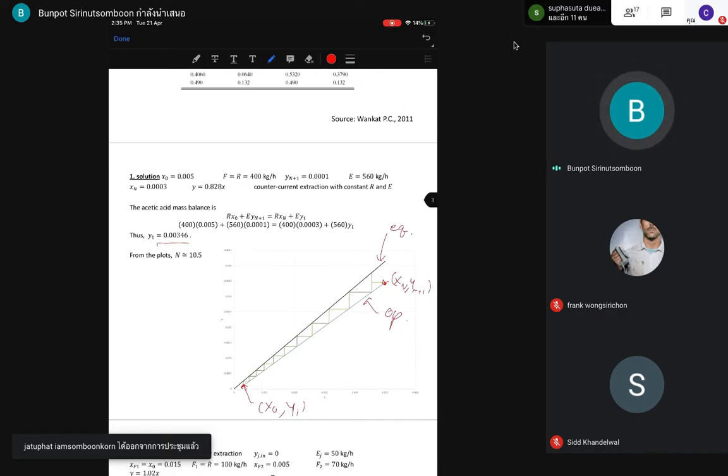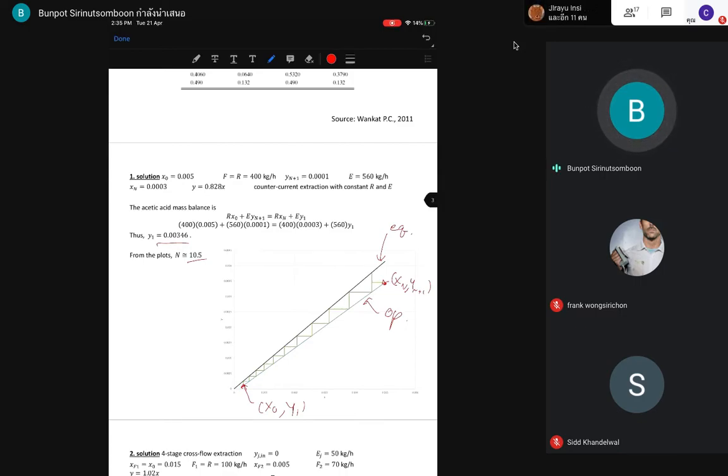I think your friends, when they show the solutions, also use the Kremser equation, right?